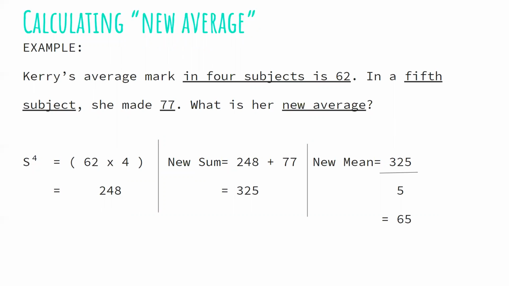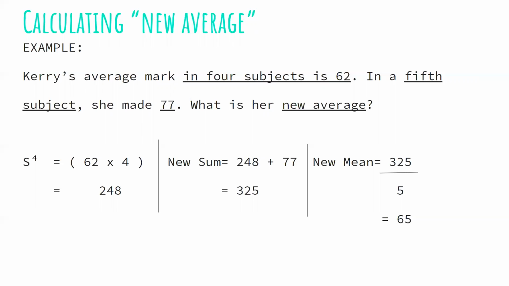Let's take this one step at a time. First, I find the sum of Carrie's 4 subjects. So I multiply the mean by the number of values and I get 248. That's the sum of her 4 subjects. But we know that she has 5 subjects now.